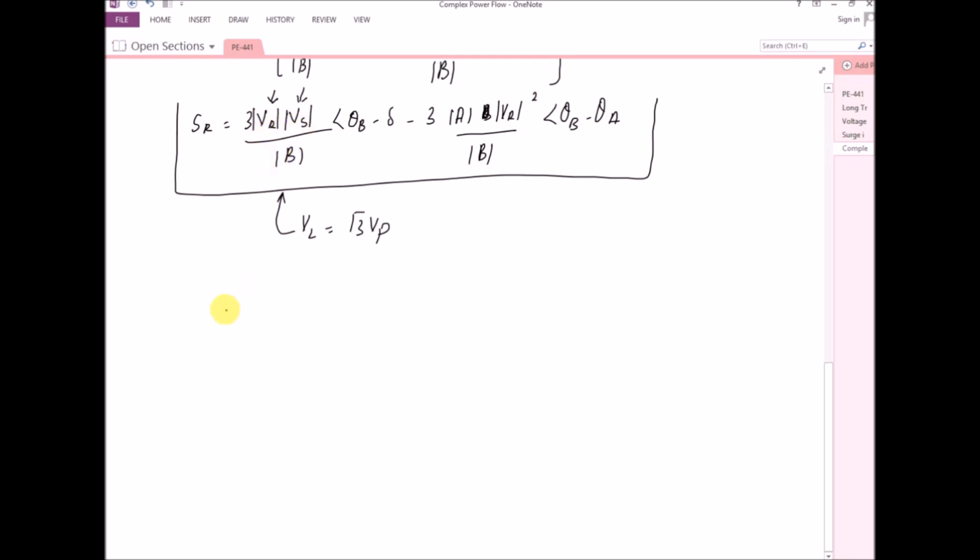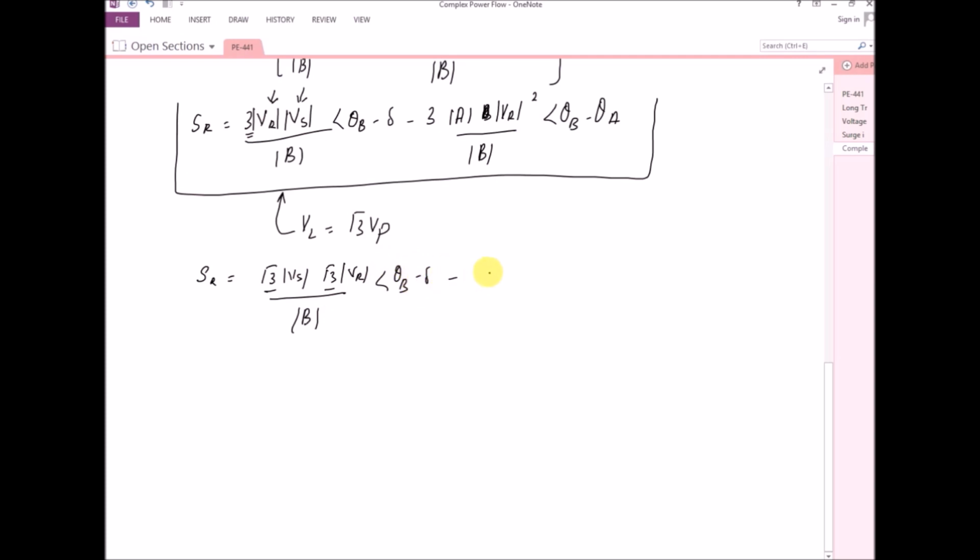So it will become SR is equal to under root 3 Vs under root 3 VR divided by B angle theta B minus delta. So what I have done, I have converted this 3 into two parts, under root 3 and under root 3. So this will become 3 when we multiply those two.